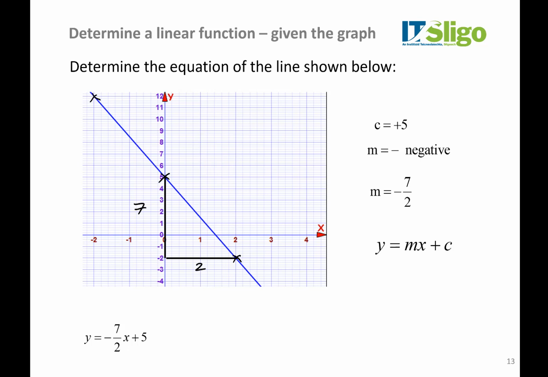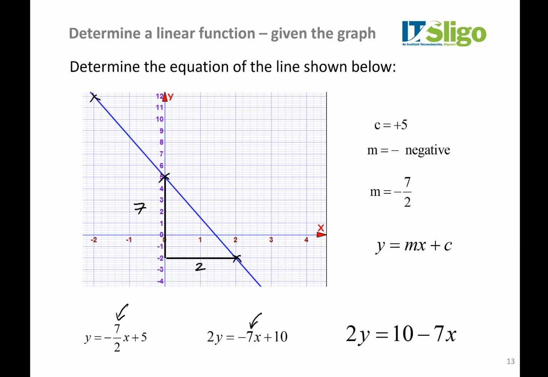Now when we're talking about equations, guys, generally in maths they don't like a rational term, a fraction. So we multiply every term by 2 to get rid of that fraction. And finally then, guys, again in maths, if possible, try not to start with a negative term.